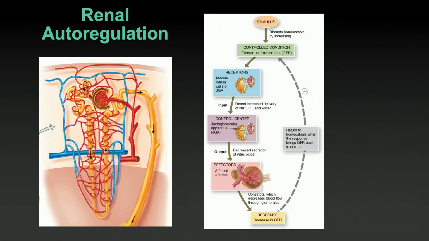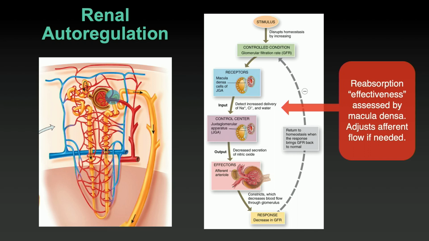You have this as a summary in your book that looks like this, the typical negative feedback loop. And I zoomed in here to show you the Juxtaglomerular Apparatus and how we have the distal convoluted tubule in very close proximity to the afferent arteriole. And so after all this work has been done to reabsorb solutes, we can communicate how well that has been executed.